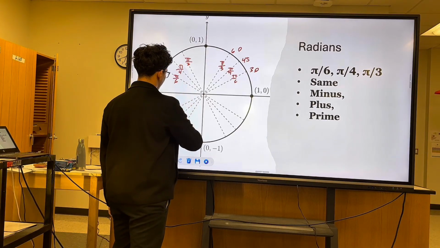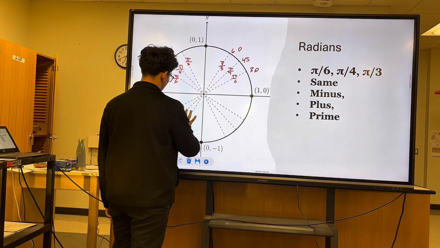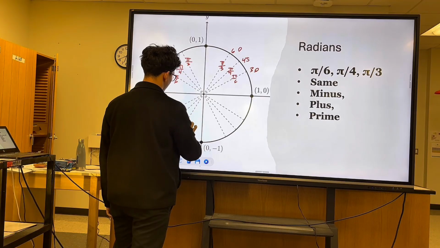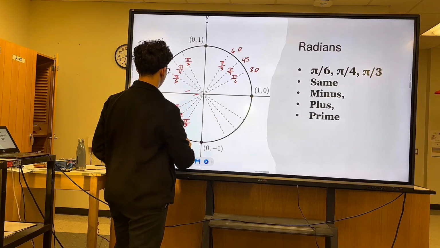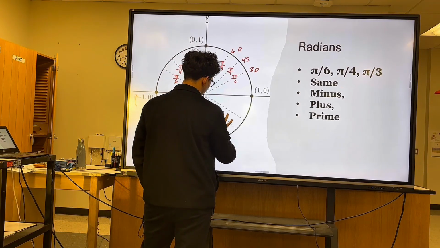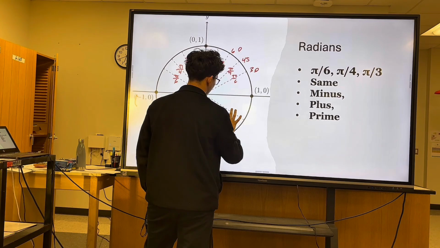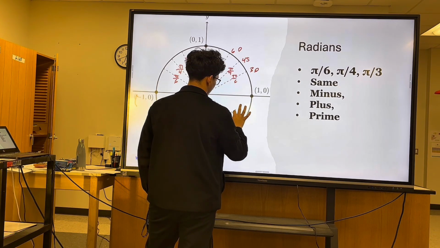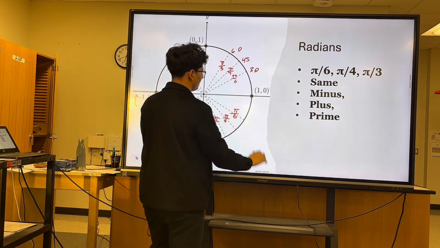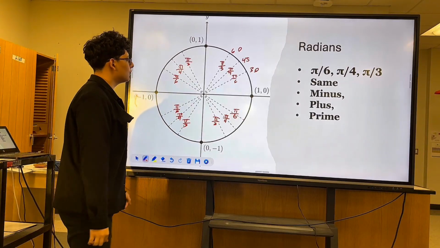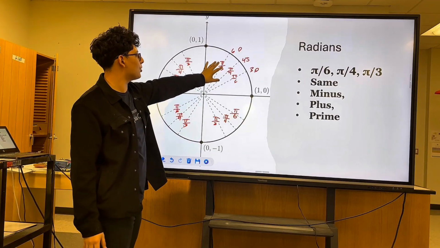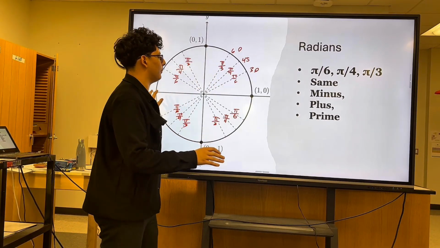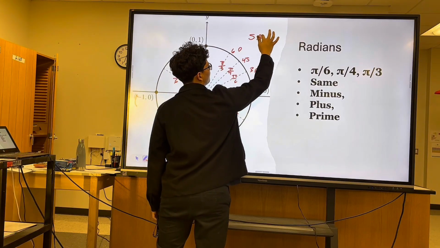So we note down again the 6, the 4, the 3, reflected, or from 3 to 3, 4, and 6. Okay, so now these are actually not true, except this one. This is the only quadrant that you don't have to do anything about. So just remember, same.